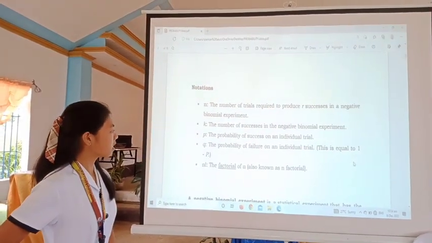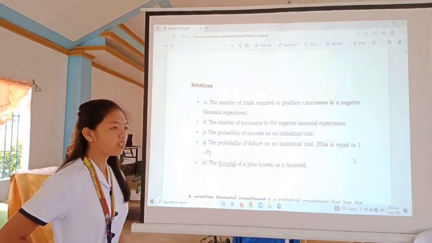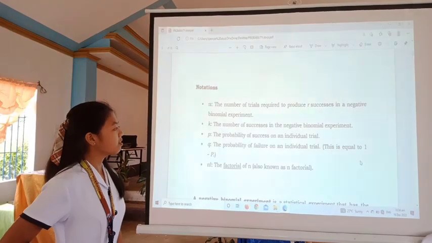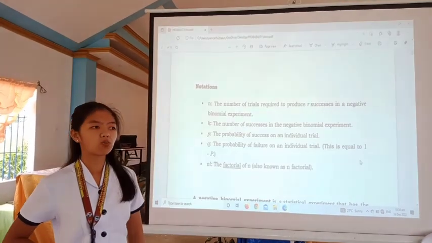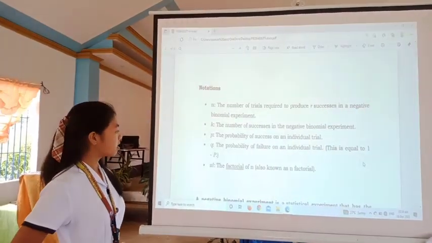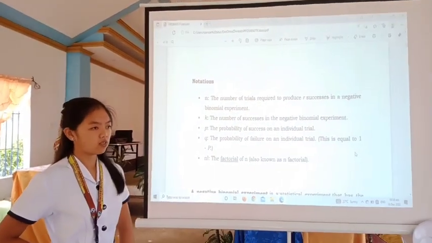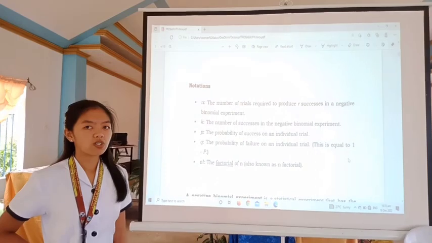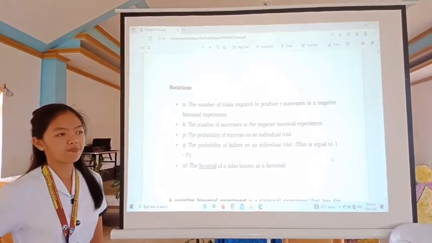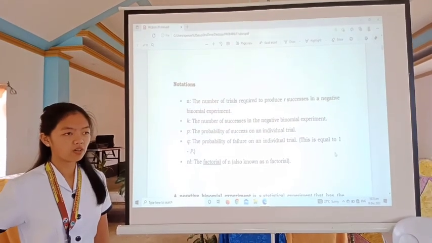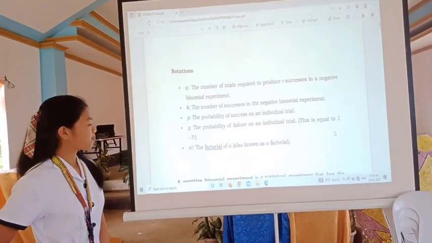P, the probability of success on an individual trial. Q, the probability of failure on an individual trial, equal to 1 minus P. N factorial, the factorial of n. These different notations are very important to remember in answering problems about negative binomial distribution.